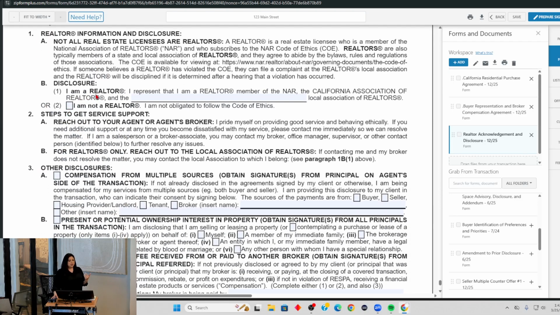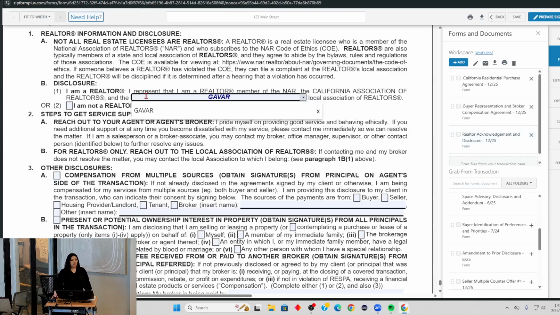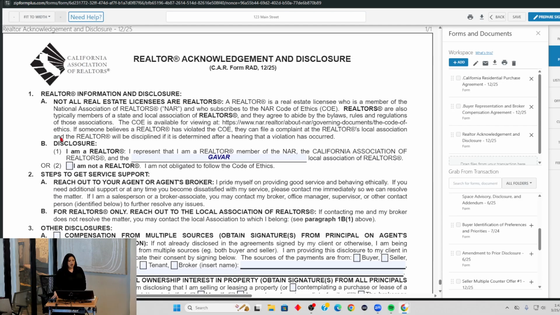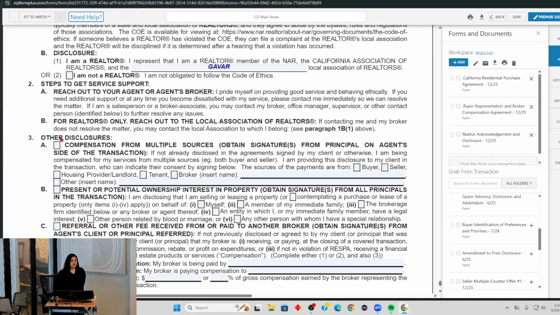It also explains that you are part of GABAR, which is your home board of realtors, letting them know that's your local association. Item number two lets them know that they can reach out to your agent and your broker, which most people don't know. The consumer doesn't know they can reach out to your broker. They don't even know what a broker is sometimes.